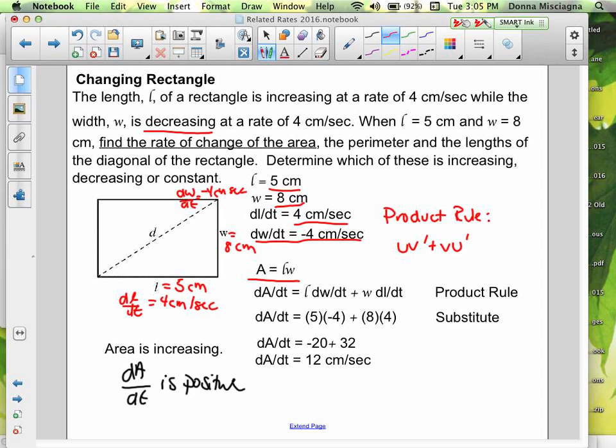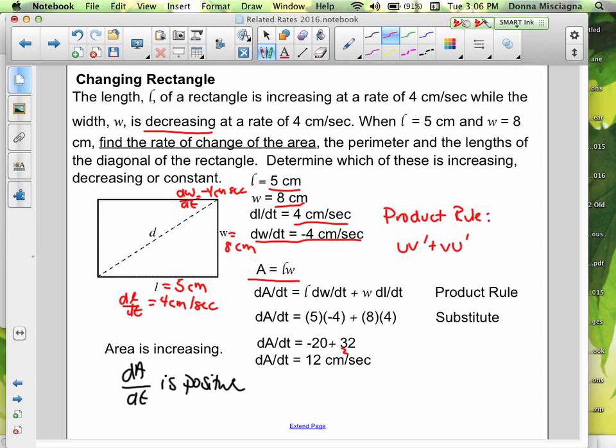Okay? And actually, that should be 12 square centimeters per second. Area is measured in square units. So here, since dA/dt is positive, our area is increasing. So the area of the rectangle is increasing as our length and width are changing.